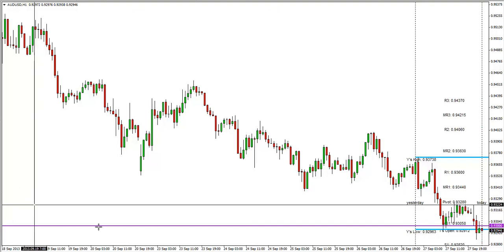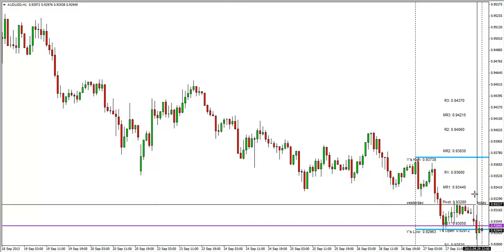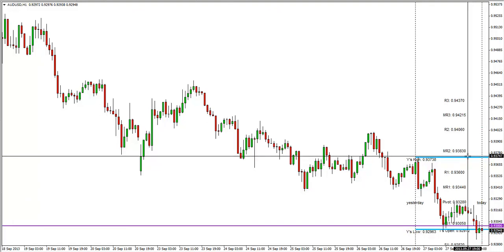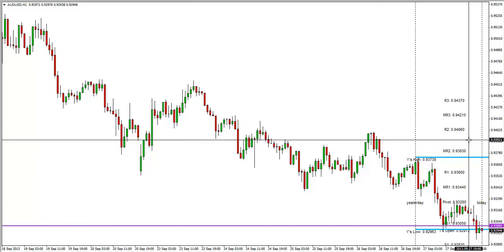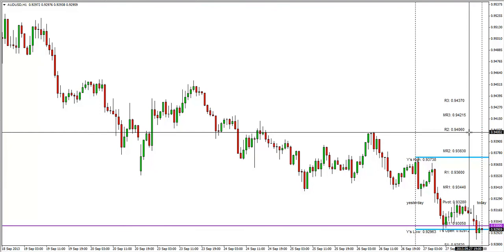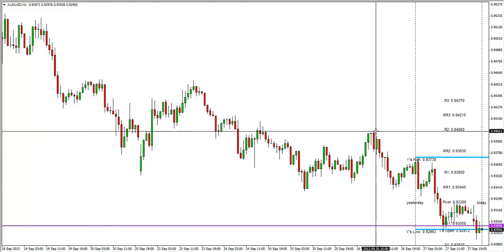So we're looking for the same entry area right here, but we're looking for a stop above the 0.9400 area. And I'm going to take my cursor, just going to put it right here. So the whole number coincides with this top of this pivot.